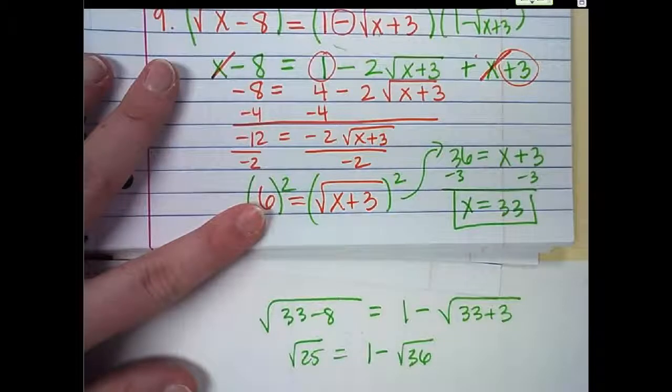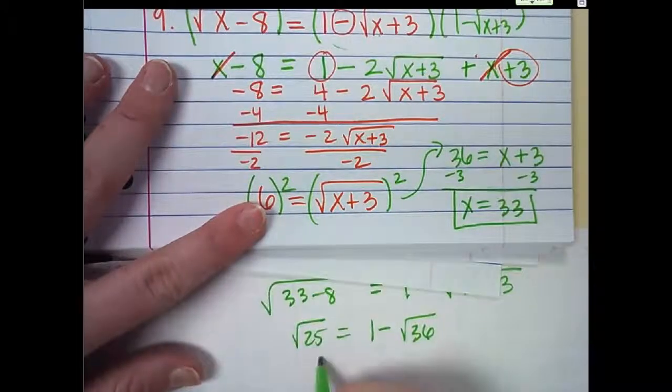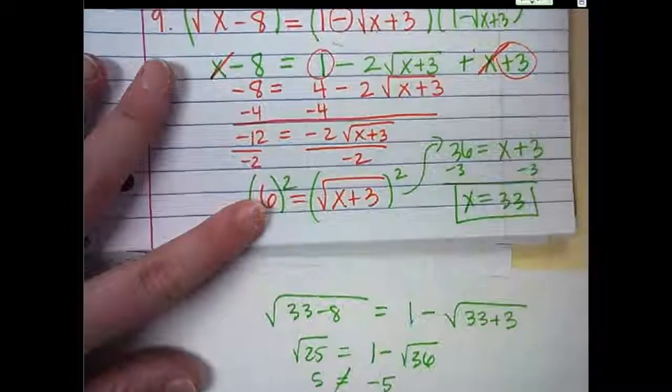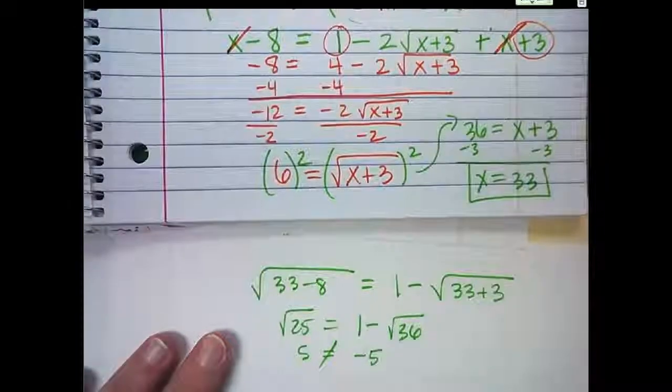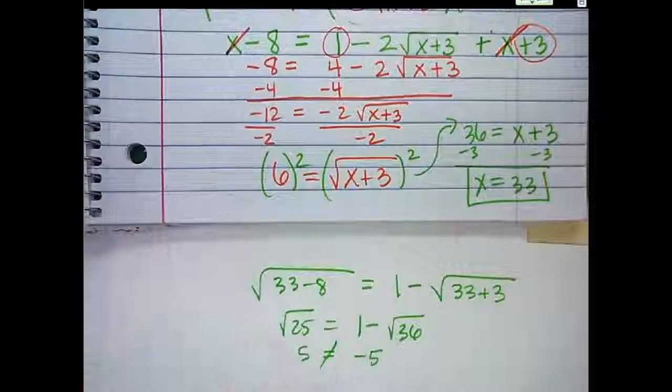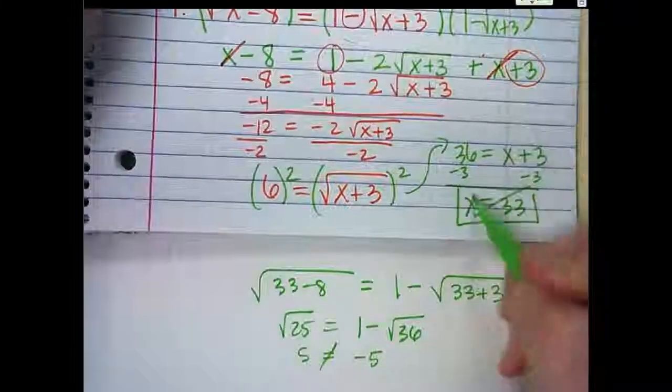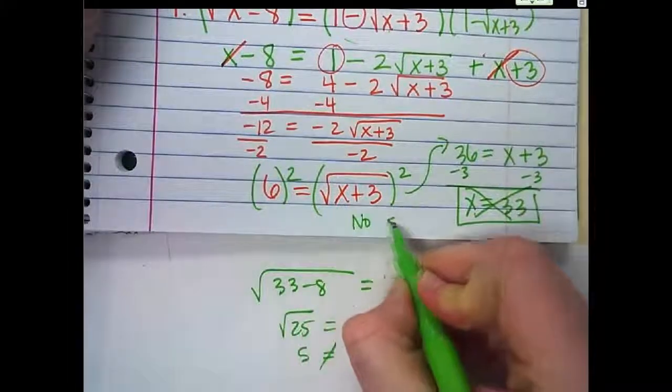Does that work? No. You need to simplify it. This is going to be 5 equals negative 5. No, right? So this one's no solution. So I just put an x here and I say no solution.